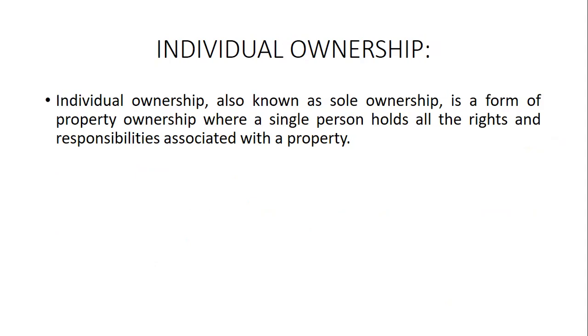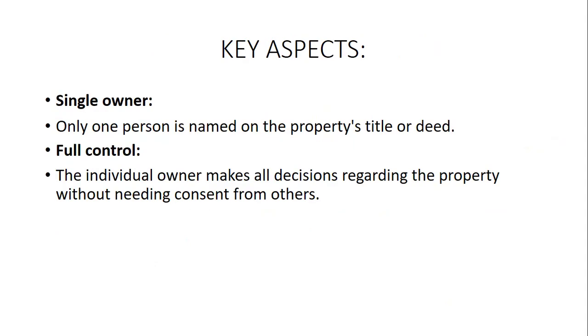It is one of the basic forms of organization where a single person holds the entire rights and responsibilities associated with the property that he has owned. What are the various key features of individual ownership? Only one person is named on the property title. The individual owner makes all decisions regarding the property without needing consent from others.